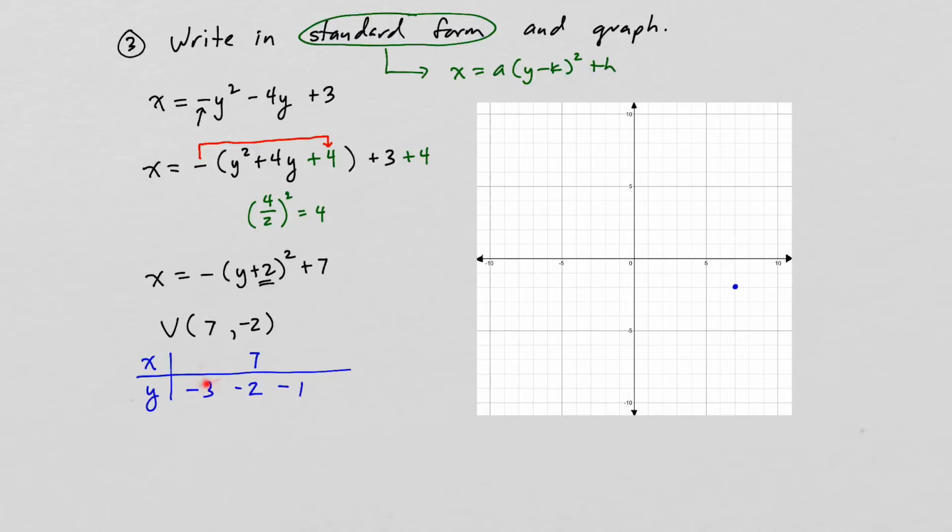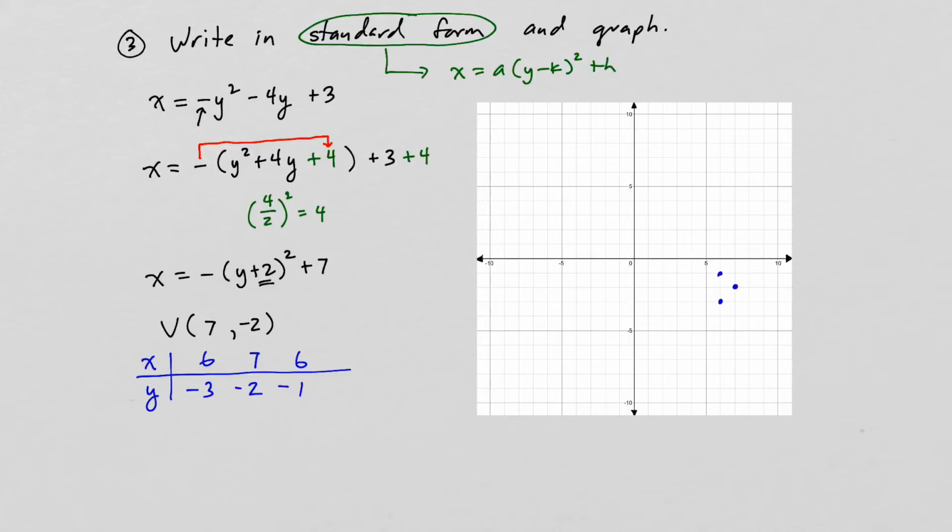If we plug in y equals negative 3, plus 2 is negative 1. Negative 1 squared is 1. That negative makes it negative 1 again, and plus 7 is equal to 6. When you plug in negative 1, you will also get 6. So what we have here are the points (6, -3) and (6, -1).